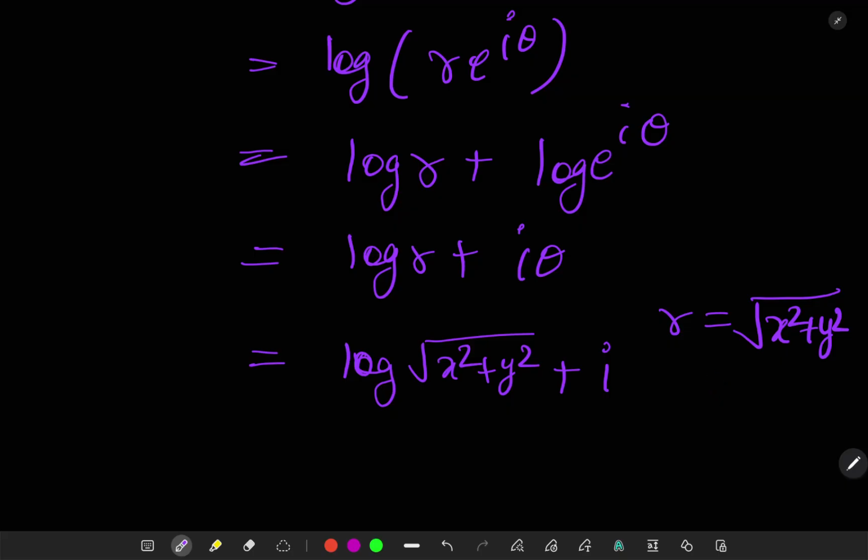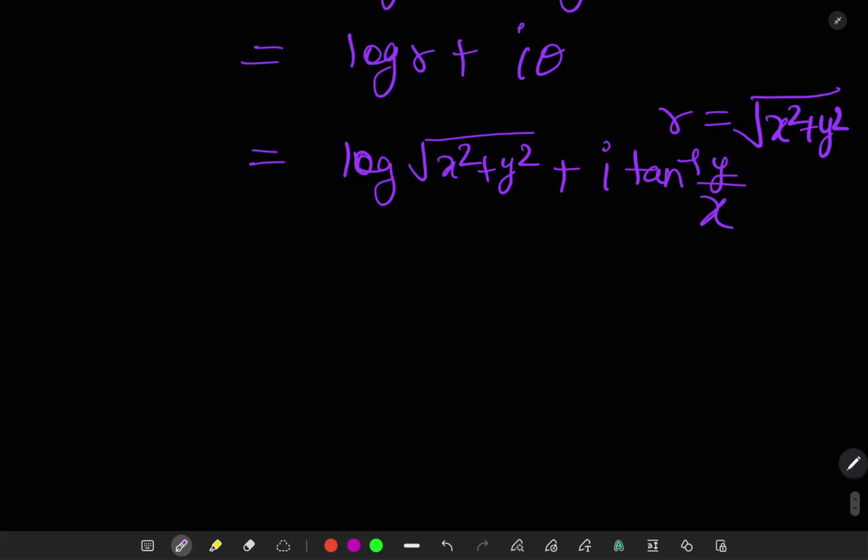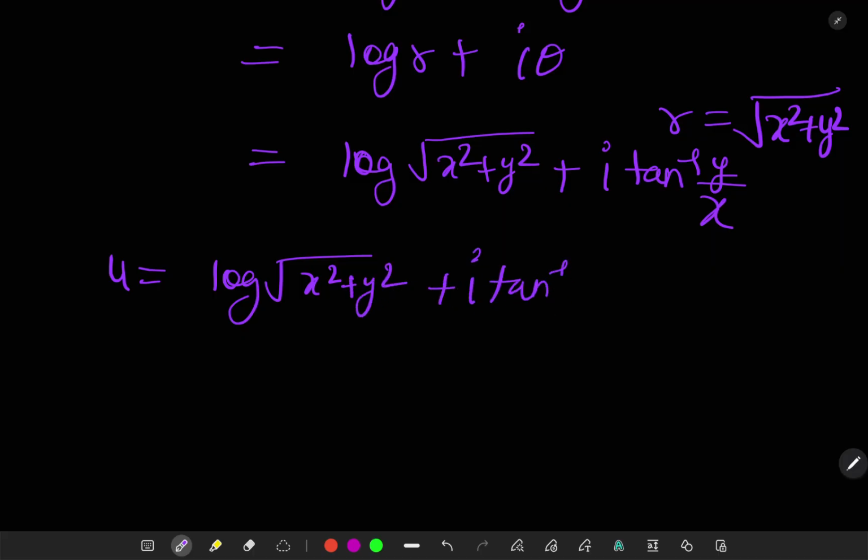For a complex number, theta is equal to tan inverse y by x. Now we can see this is the real part and this is the imaginary part, so we can write u is equal to log root x square plus y square, and v is iota tan inverse y by x.